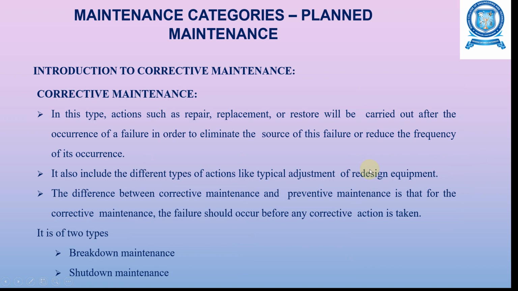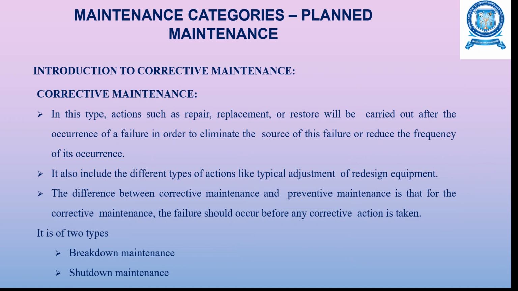In this type, actions such as repair, replacement, or restoration are carried out after the occurrence of a failure, in order to eliminate the source of the failure or reduce the frequency of its occurrence. It also includes different types of actions like adjustment or redesign of equipment. That is correcting.